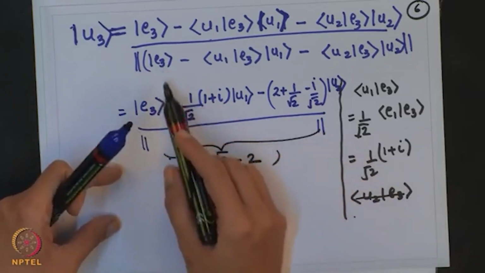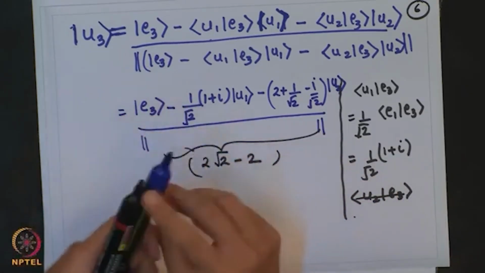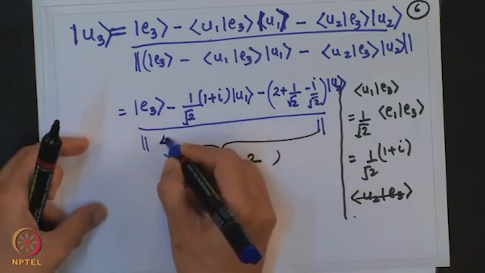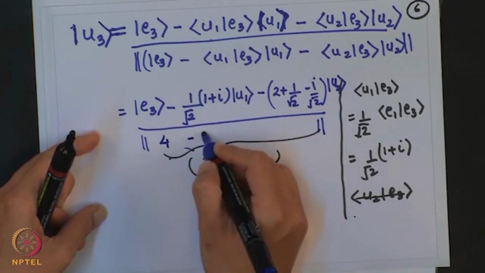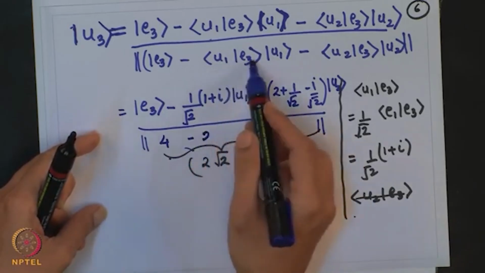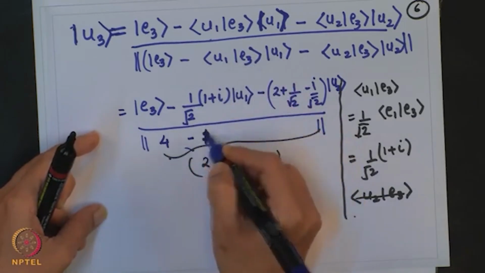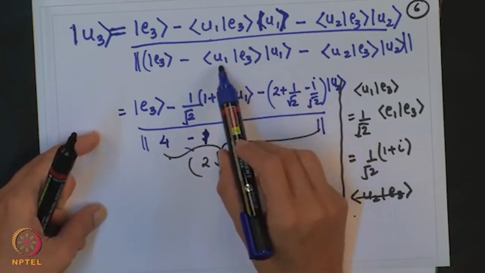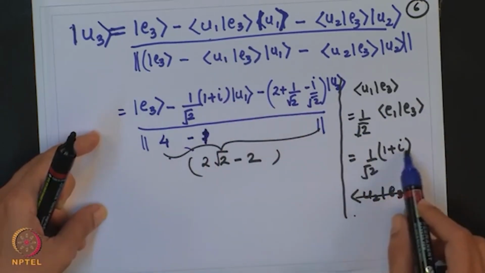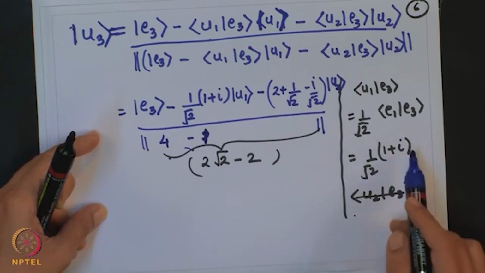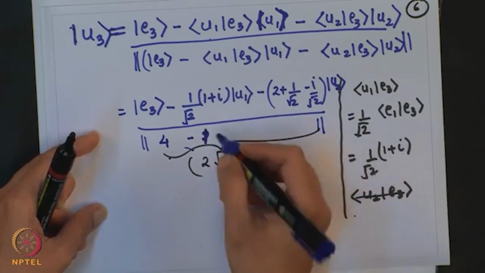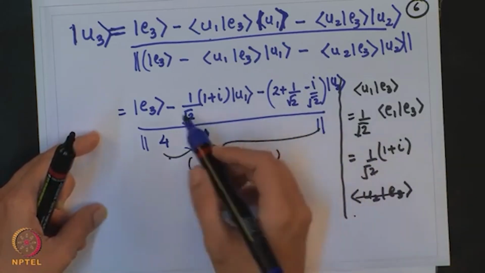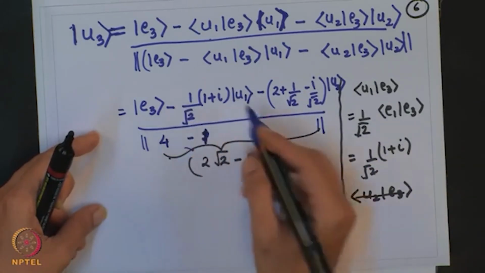Okay. You have to calculate E3 on E3, which is nothing but 4, correct. This will simply give me minus 2 or 2, okay, this will give me 1, because I have calculated U1 on this is 1 plus I upon root 2, square this and you operate again. So, what you obtain is just a factor of 1 and there is a minus sign. So, you will have a factor of 1.